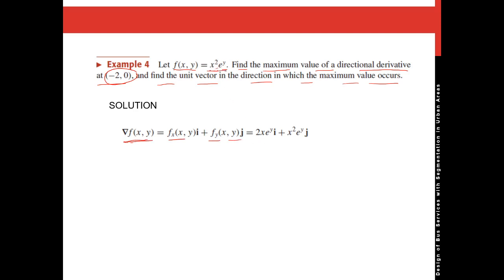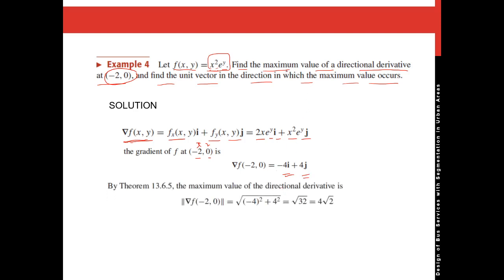If you differentiate with respect to x, 2x e raised to y i, and with respect to y, x square e raised to y j. Now the gradient at minus 2, 0, that is, instead of x we have minus 2, instead of y 0, then del f of minus 2, 0 is equal to minus 4i plus 4j.